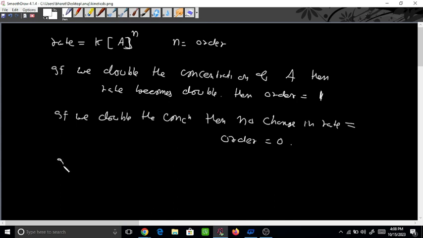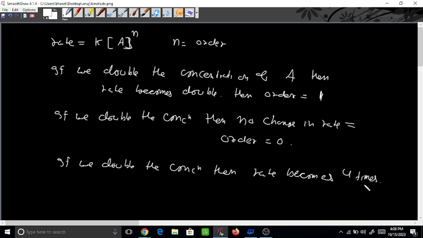Now if we double the concentration, then rate becomes 4 times. If we are doubling this concentration, rate is becoming 4 times, then what can be the order?